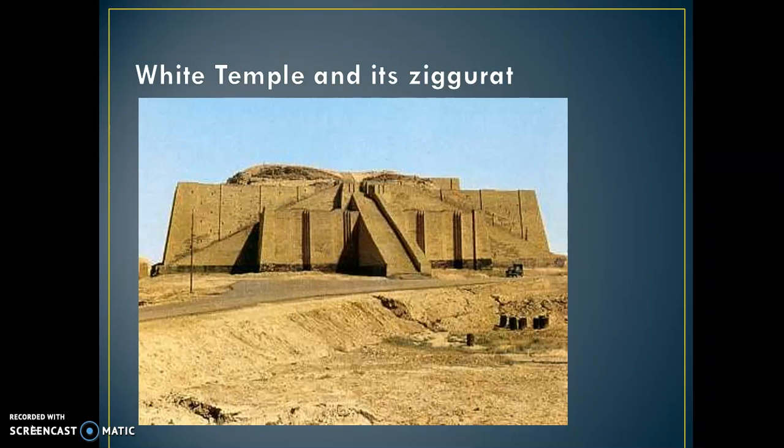So the first image that we're going to look at is the White Temple and its ziggurat, and this is from the city of Uruk, which is in modern day Iraq. It's Sumerian, 3500 BCE. The dates for this are 3500 BCE to about 3000 BCE. It just depends on what resource you're looking at.